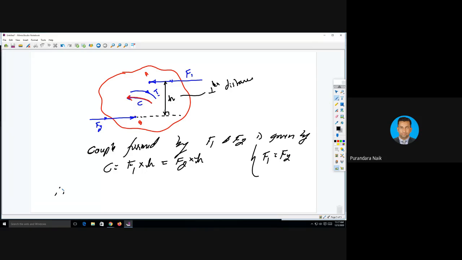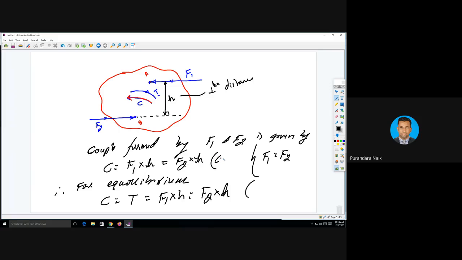Therefore, for equilibrium, second condition: C is equal to T is equal to F1 into H is equal to F2 into H. And what is the couple direction? Counterclockwise. This is counterclockwise, okay? CCW. T is clockwise. It is given in the figure.